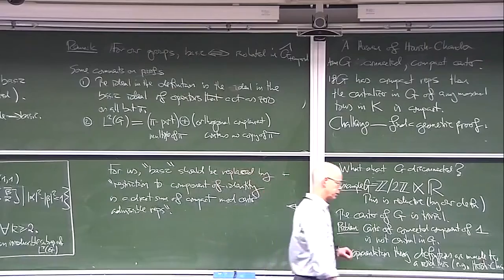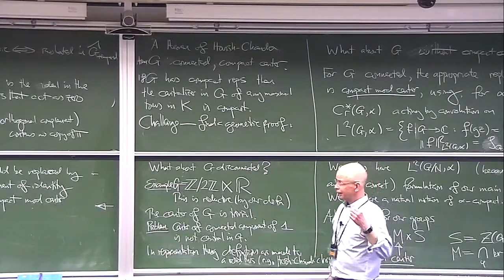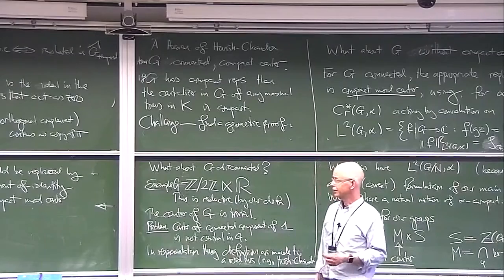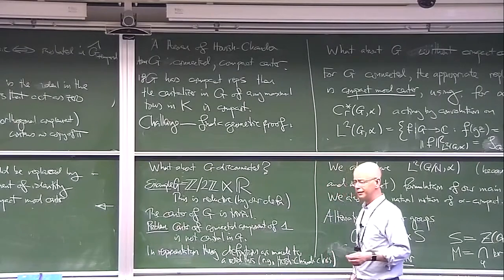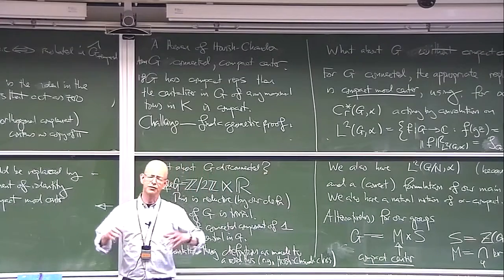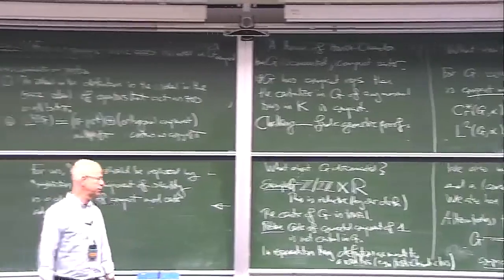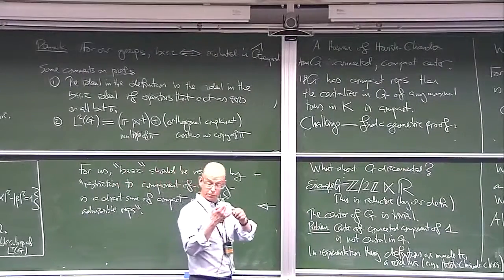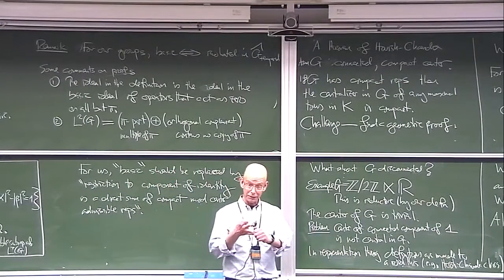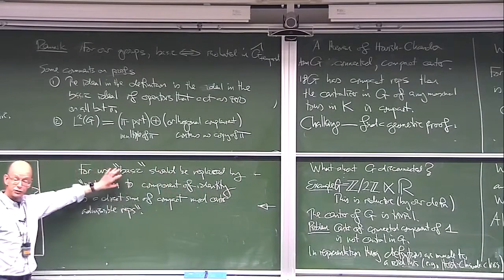I'm not going to say more about this except what I just said. Let me just summarize: if a group is not connected and does not have compact center, then the representations which cannot be obtained from smaller groups, the ones which are not associated to any Levi subgroup, are those which are either compact, in the simplest case, or compact modulo center, or in the most general situation have this property here.